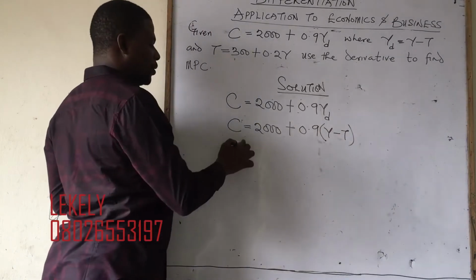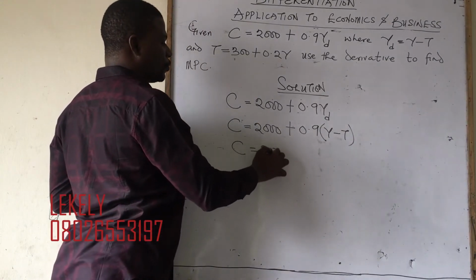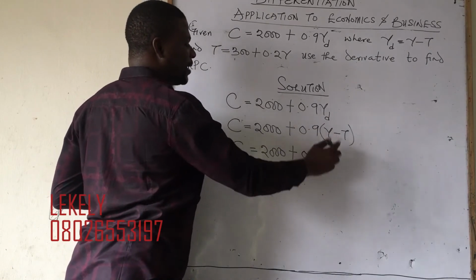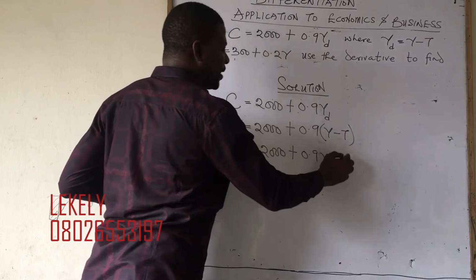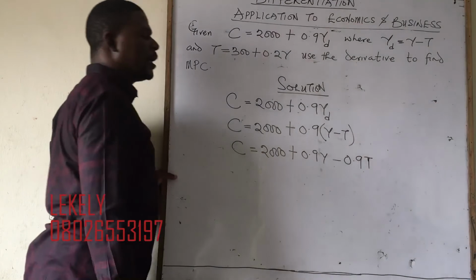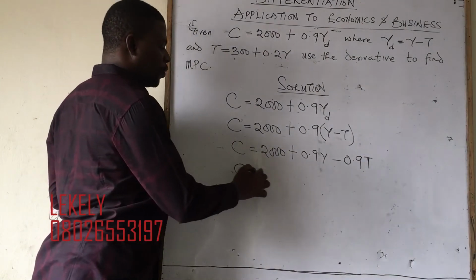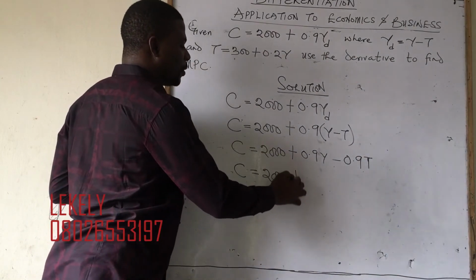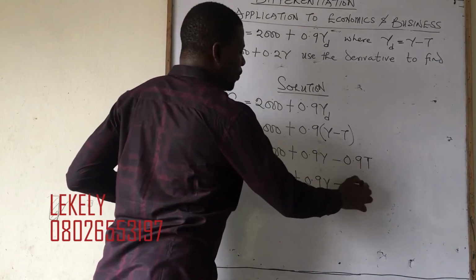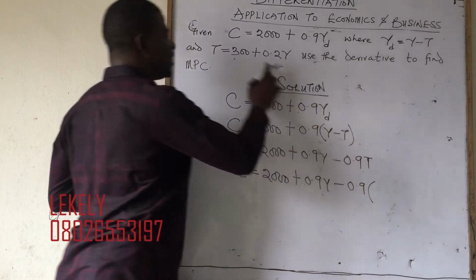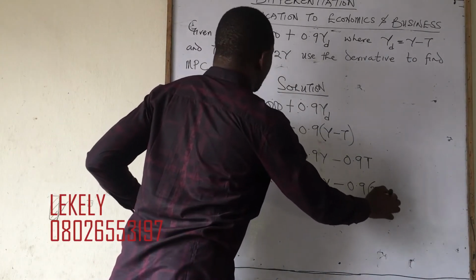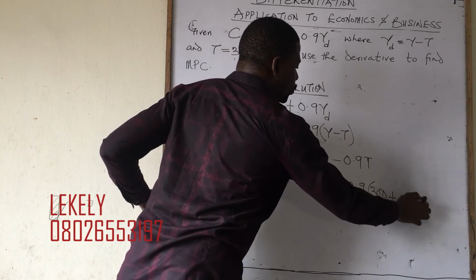You see that? So your C is now 2000 plus 0.9Y, that is 0.9 times Y, minus 0.9 times T. Then your C equals 2000 plus 0.9Y minus 0.9 into bracket, your T has been given as 300 plus 0.2Y.